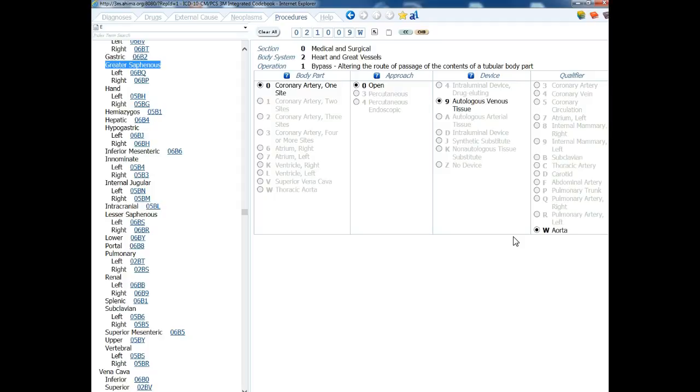Some of you that have been doing coding are probably thinking, what is she doing? So 021009W. And then for the arterial, for the internal mammary, 02100A9. And then for harvesting the saphenous, 06BP4ZZ.